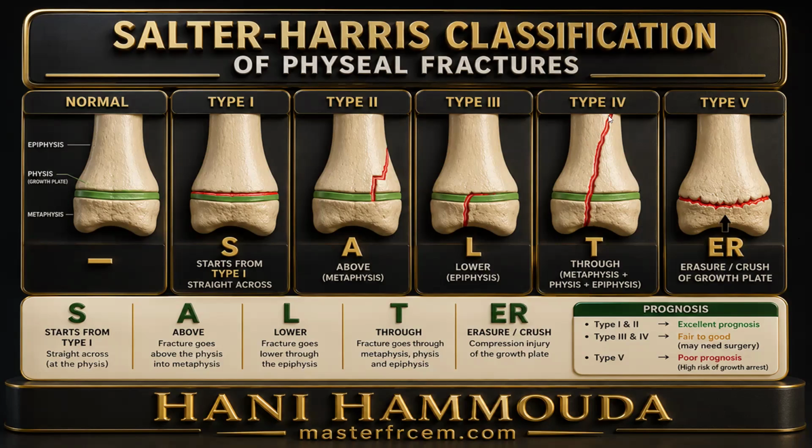If the fracture goes through both the epiphysis and metaphysis, it means type 4. If the fracture crushes the growth plate itself, so here it is straight across the physis, here is a crush of the growth plate itself, it means type 5.